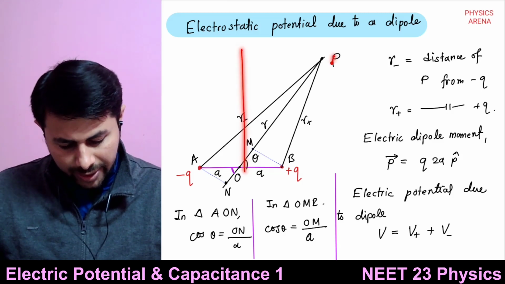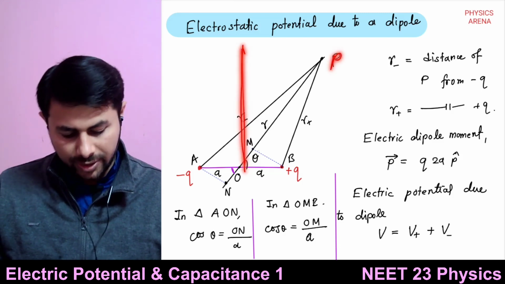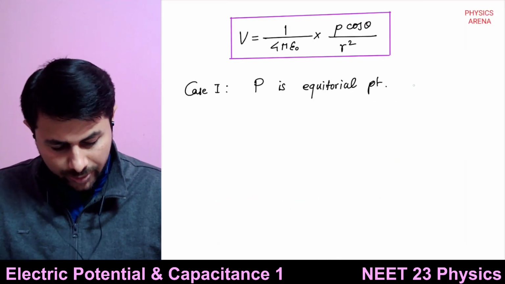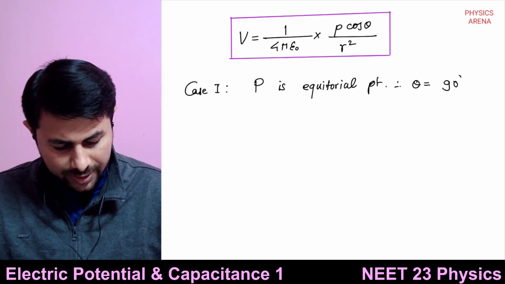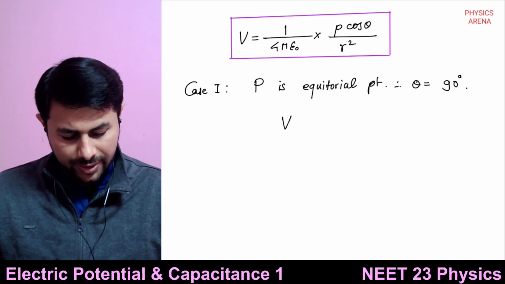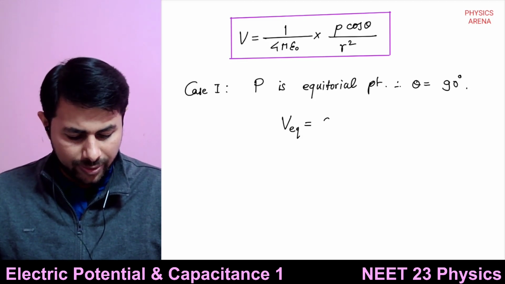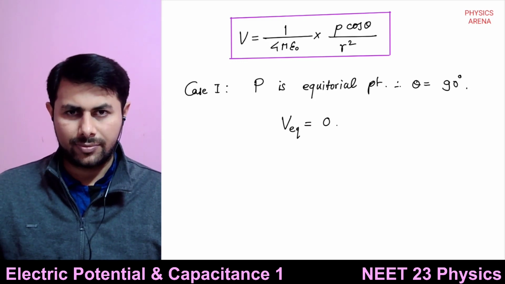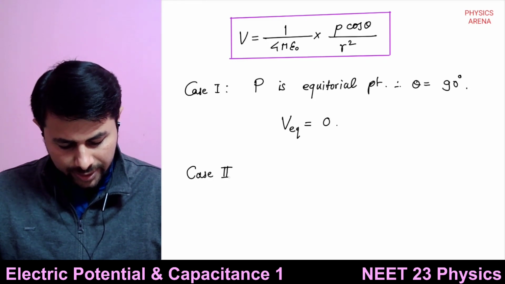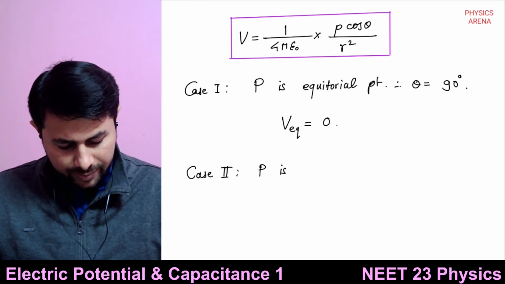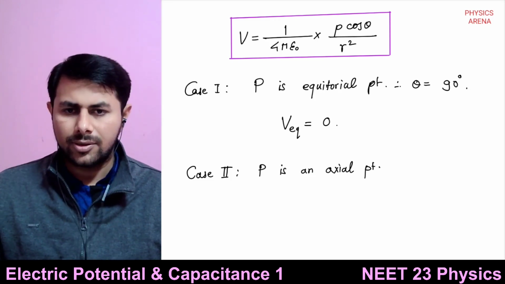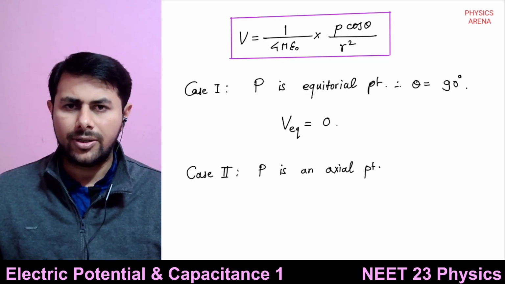So P is on the equator, so theta will be 90 degrees. And what is cos of 90? Cos 90 is 0. Therefore we can say the electric potential due to a dipole on the equator is equal to 0. So this is case 1. And case 2 is P is an axial point for a dipole.